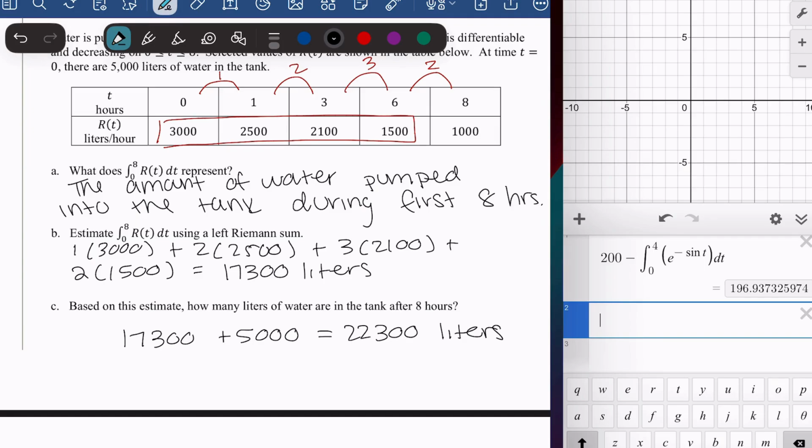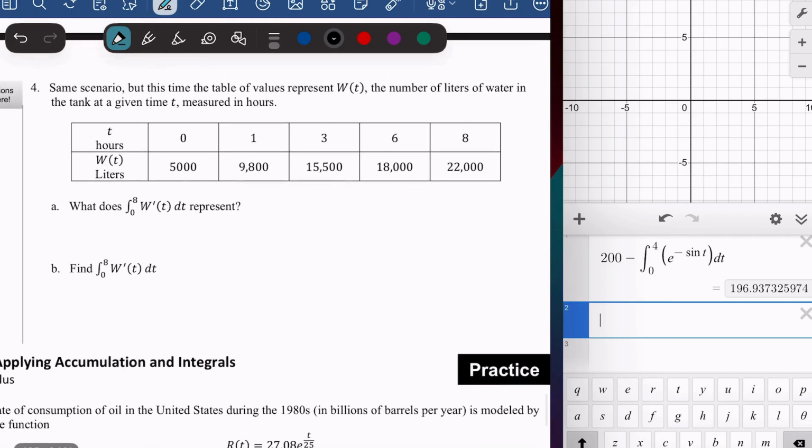Okay, number 4. It says using the same scenario, but this time the table of values represent W of t, the number of liters of water in the tank at any given time t, measured in hours. So now we have our table. So if we're comparing this table to the last table, we have W of t, which is liters, but we had R of t, which was what?